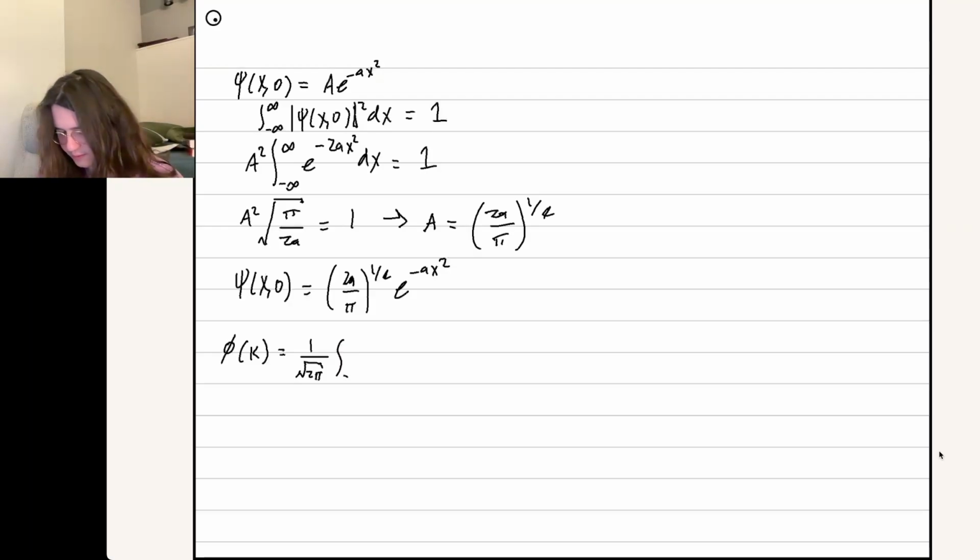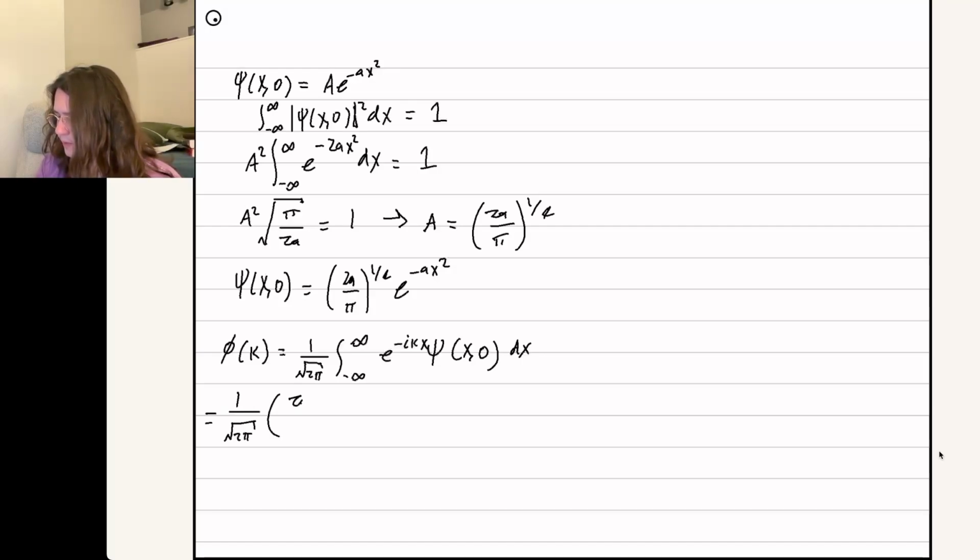So we need to take the integral over all space of e to the minus ikx times psi of x and 0 dx. So for us, that looks like 1 over square root 2 pi, and then there's a (2a over pi) to the 1/4 there. And then the integral is just e to the minus ikx minus ax squared dx.